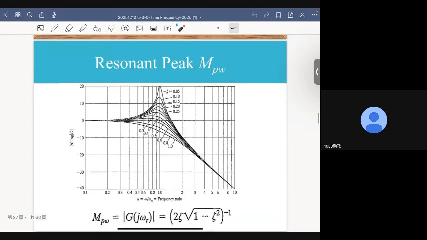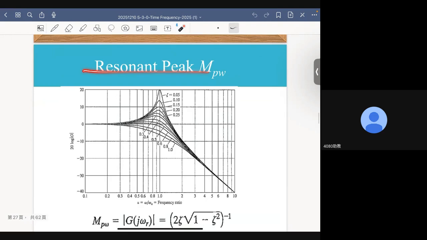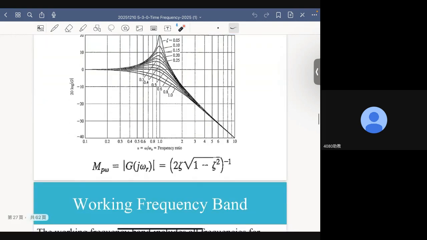All right. Now, this is the magnitude plots of many second order systems. Okay. The reason why we have a family of curves is that we have systems with different damping ratio. Remember that the resonant peak of such a second order system depends only on eta, only on damping ratio.